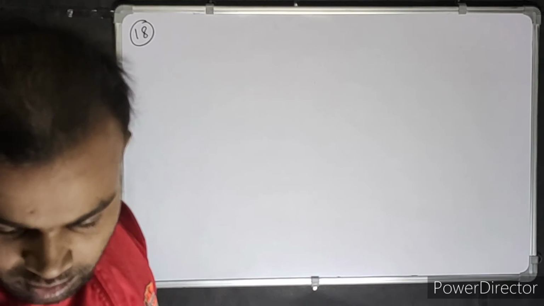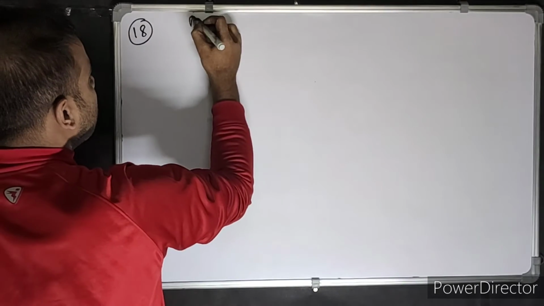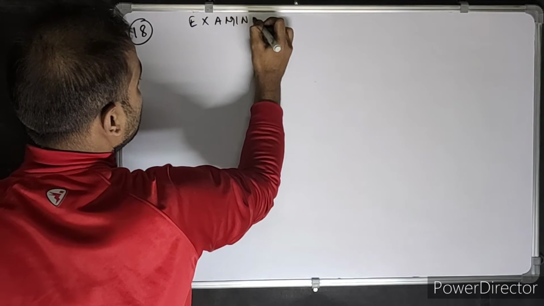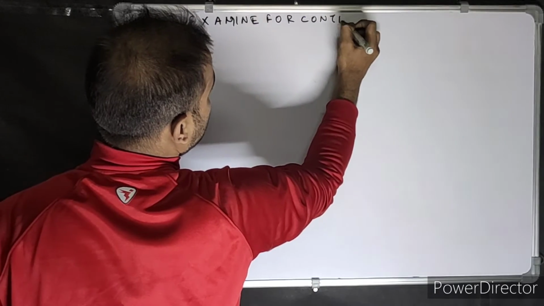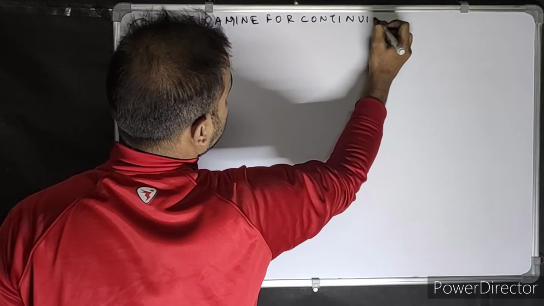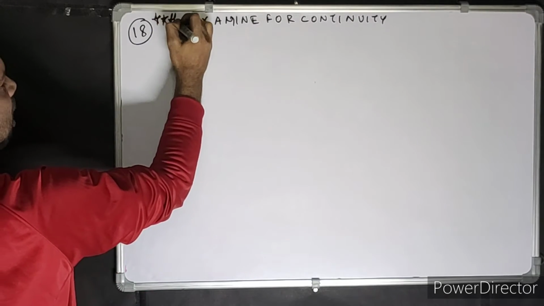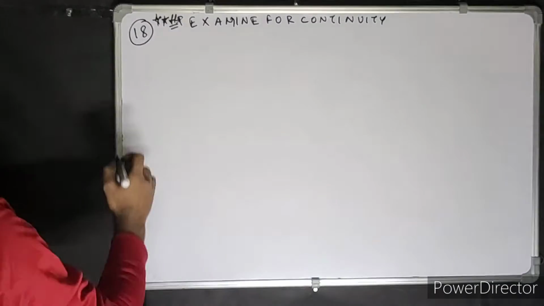It says examine the following functions for continuity. Same thing, examine for continuity. Okay, 18 is an important question, please mark. Part 1.